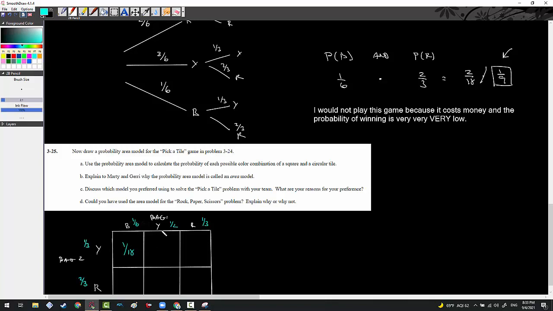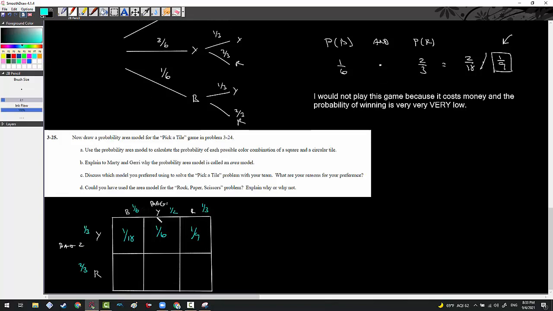A yellow would be 1/6. Red yellow will be 1/9. Blue red will be 2/18 or 1/9, which is exactly the probability we saw here. This is going to be 1/3, and then this is going to be 2/9. So we have to explain why this is called an area model.